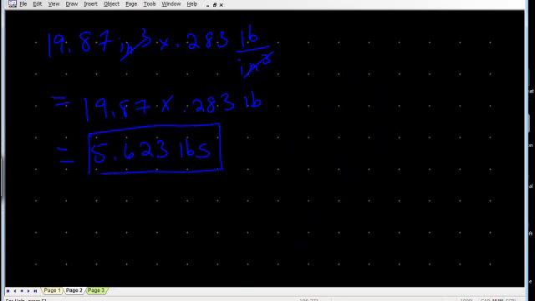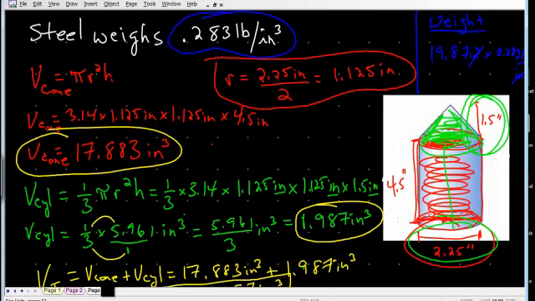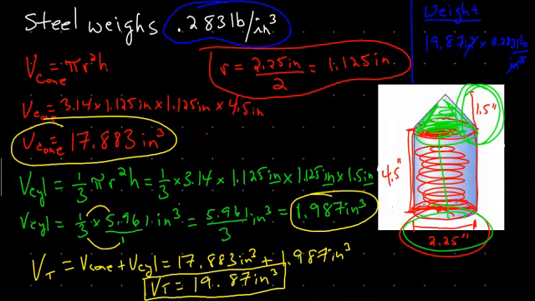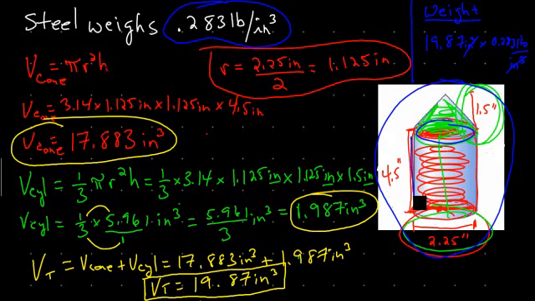Okay, let's briefly talk about this for one more second. So we were given this piece of steel over here, and we were given the dimensions of it. We were told that each cubic inch of steel weighs 0.283 pounds. So we have to find the volume of this thing. So we broke it up into two pieces, found the volume of the cylinder, and then we found the volume of the cone.